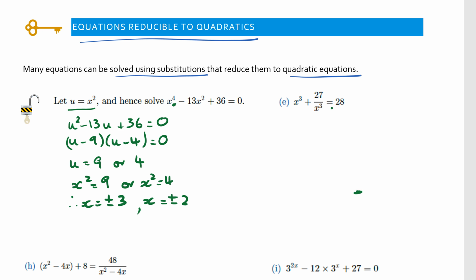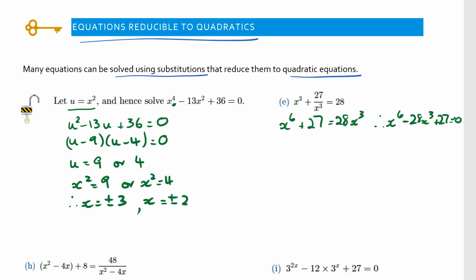So x cubed times x cubed gives x cubed squared, but I'll write it as x to the 6th plus 27 equals 28x cubed, and then rearrange that to give x to the 6th minus 28x cubed plus 27 equals 0.